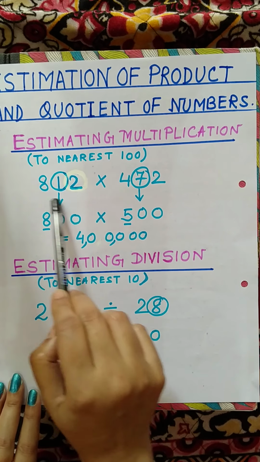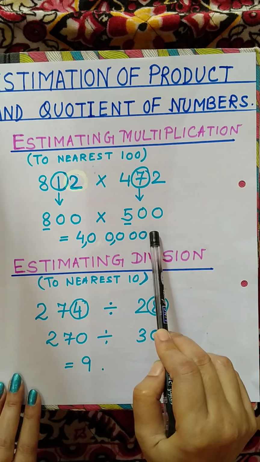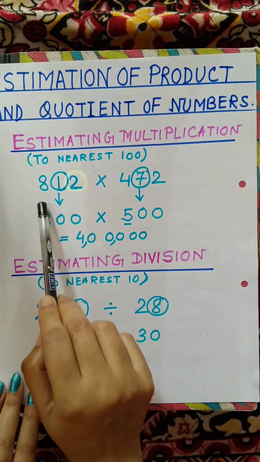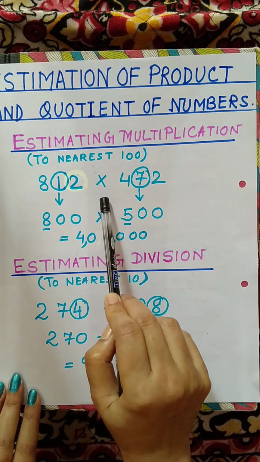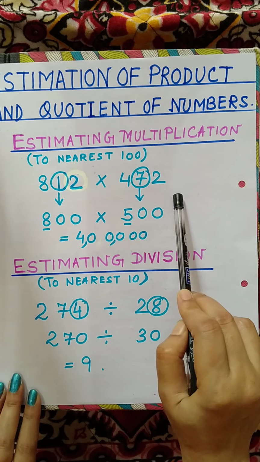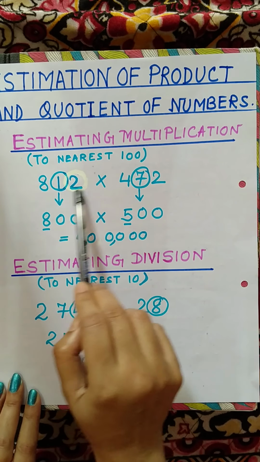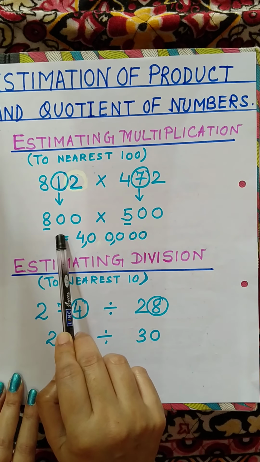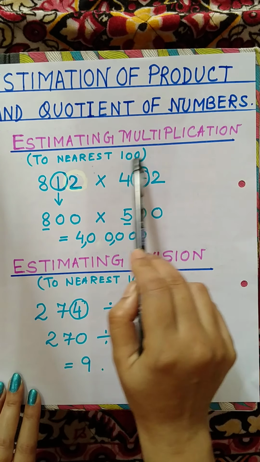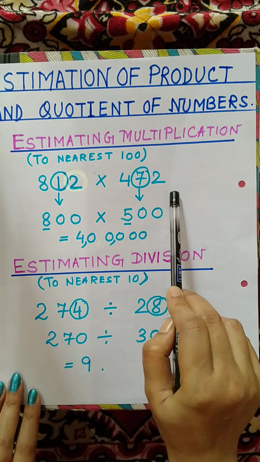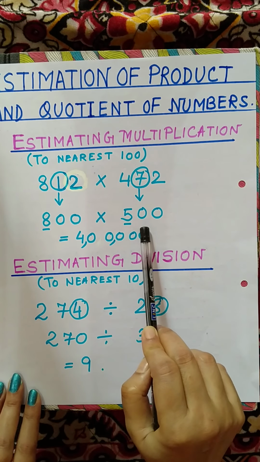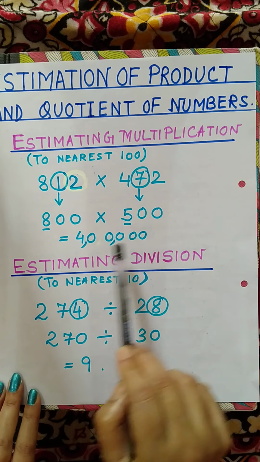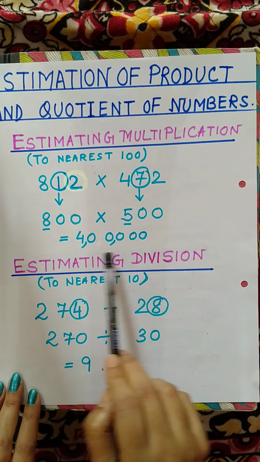First we round off the numbers individually and then we multiply them to get the final answer. 812 multiplied by 472. If we round off 812 to the nearest 100, we get 800. If we round off 472 to the nearest 100, we get 500. We multiply 800 and 500 and get the final answer, which is 4 lakhs.